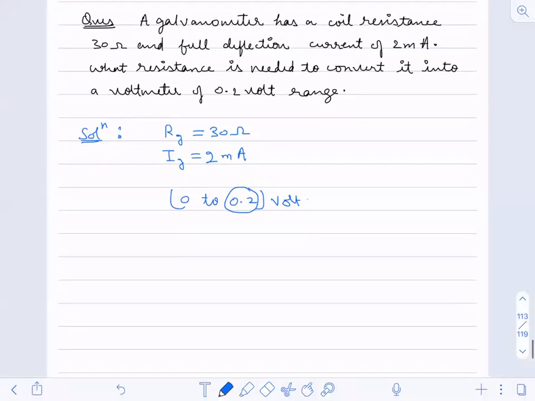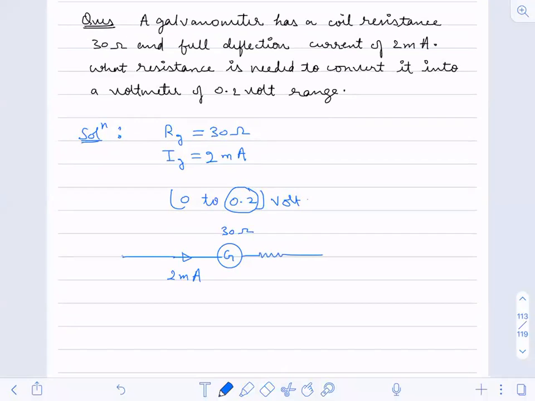Now we will connect this galvanometer. This is our galvanometer, which has a resistance of 30 ohm and a full deflection current of 2 milliampere, and then a high resistance.